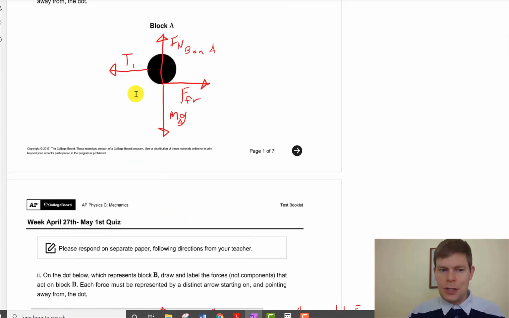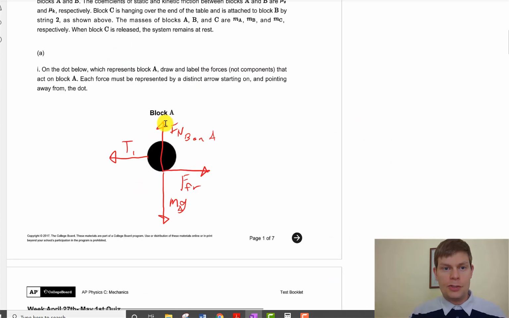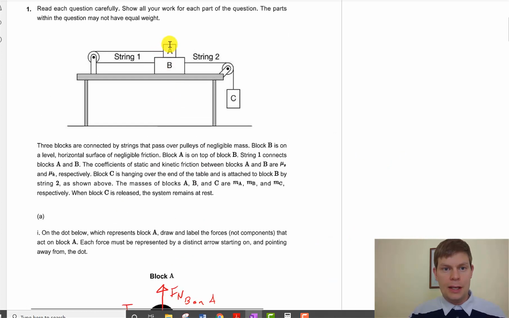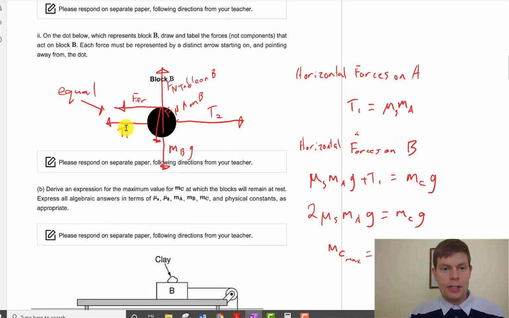Second guy, a little trickier. We got tension 1 pulling it back, friction between B and A. If friction is pulling A to the right, the equal and opposite force is A pulling B to the left. So both friction and T1 are trying to pull it to the left.